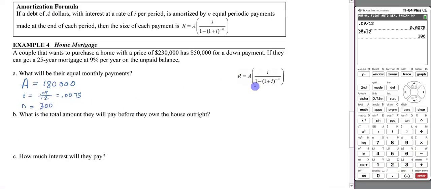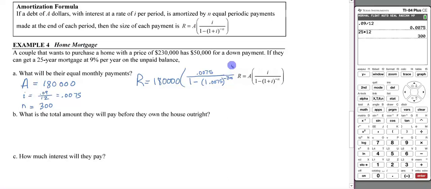Let's put this into the formula then. R is $180,000 times I of 0.0075, all divided by 1 minus 1.0075 to the negative 300.